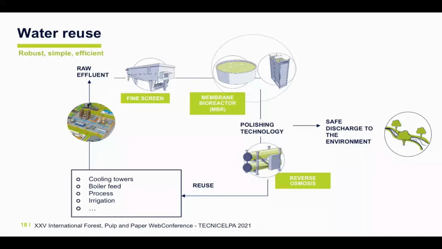In this example, we have an RO unit with the goal to reduce conductivity, to allow for reuse in cooling towers makeup, in boiler feed, back into the process or the process water treatment plant, or other applications like, for example, irrigation.